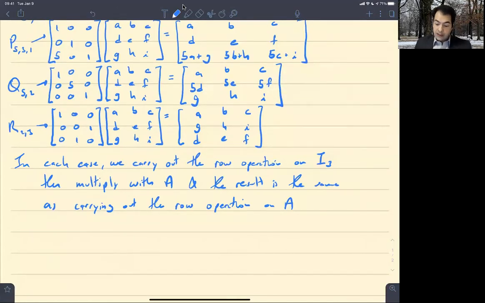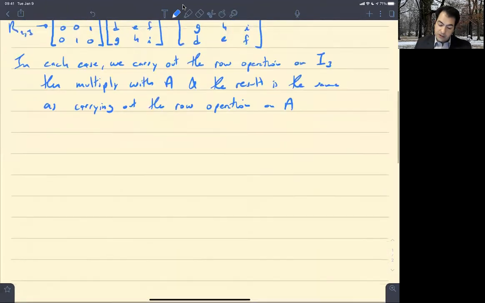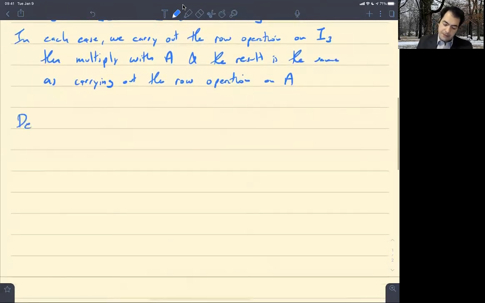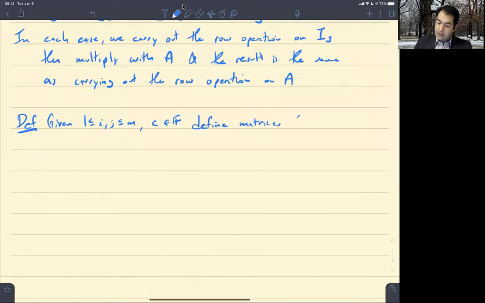Okay, so let's go ahead and define this in general. Let's give ourselves two numbers, i and j, between 1 and m, and a scalar c in some field, and define matrices. These are going to be matrices of size m by m.